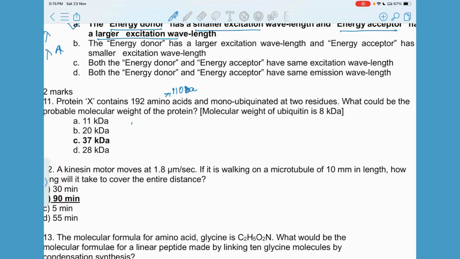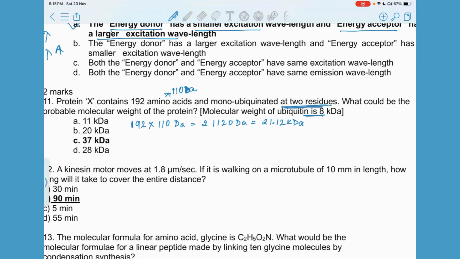Let's convert this. If there are 192 amino acids, each multiplied by their molecular weight of 110 daltons, will give us 21120 daltons. Let's convert it to kilodaltons, which will become 21.12 kilodaltons. Now we have two residues which are ubiquitinated.